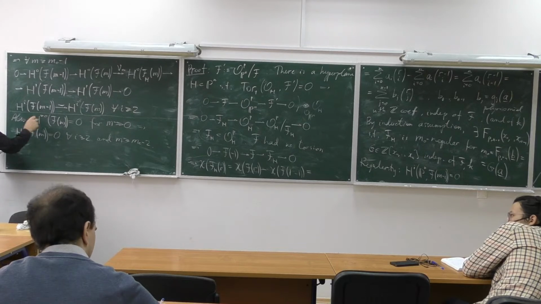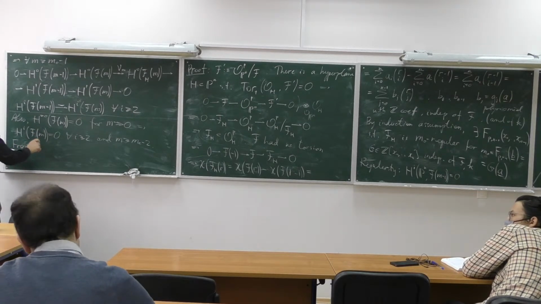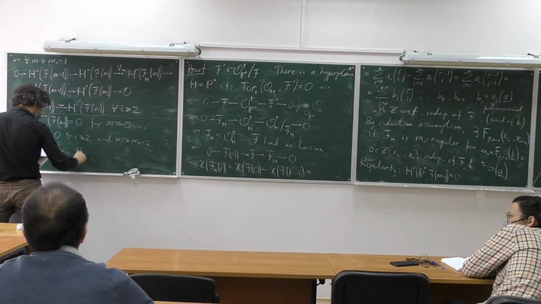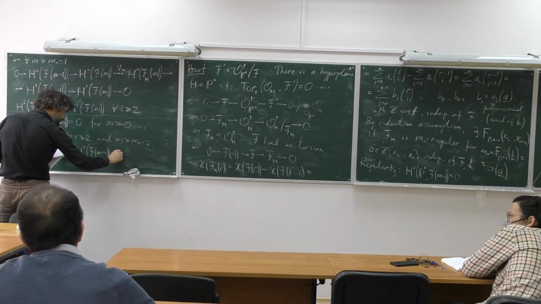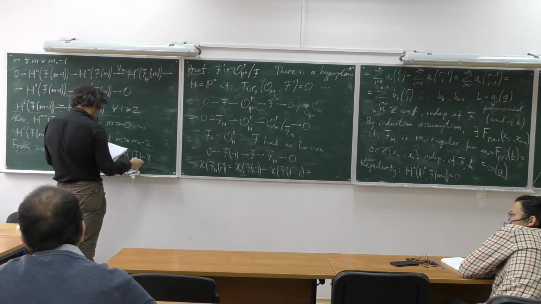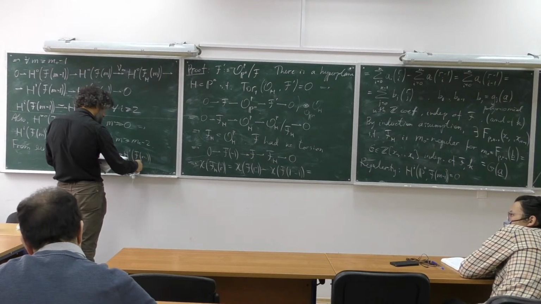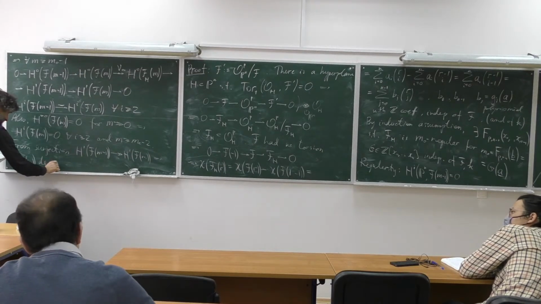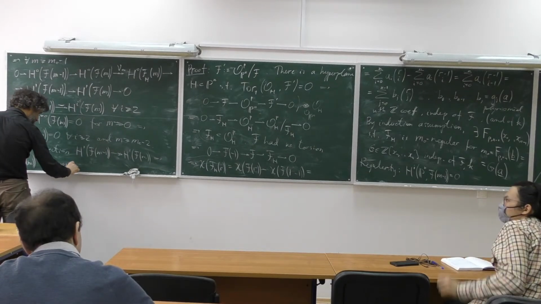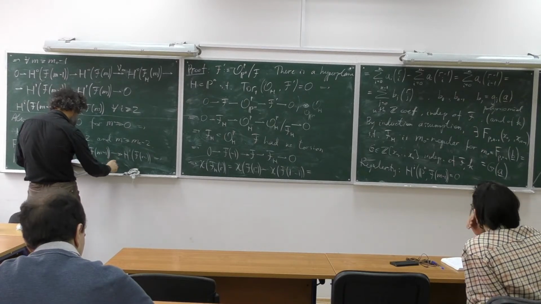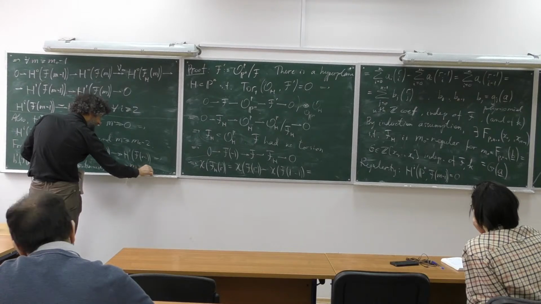Now, from the surjection H1 of F(m-1) onto H1 of F(m) here, we see that the dimension of the first cohomology decreases monotonously, if you wish, as long as m is m0 minus 2 or bigger.